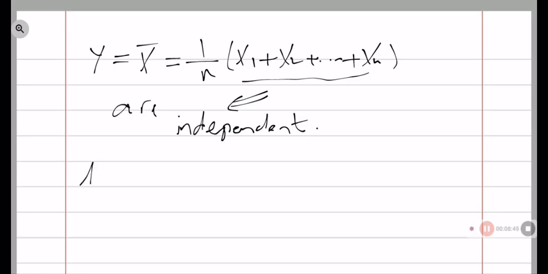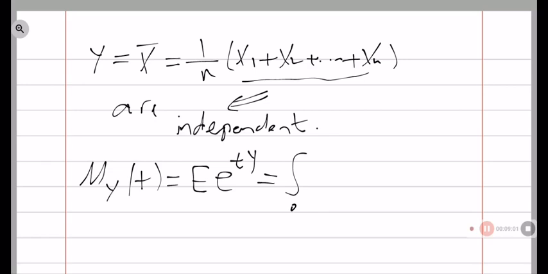So we can write M_Y(t) as before, which is the expectation of e to the tY, which is the integral from 0 to infinity of e to the tY, and then we can write that as f of x dx.